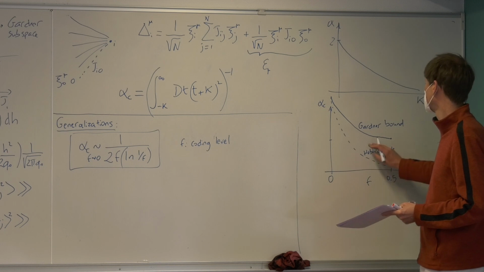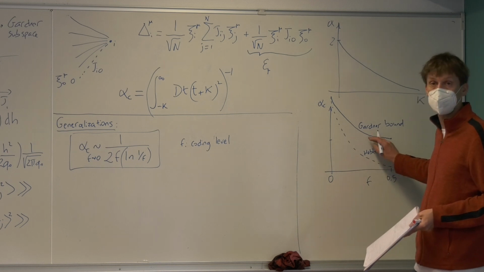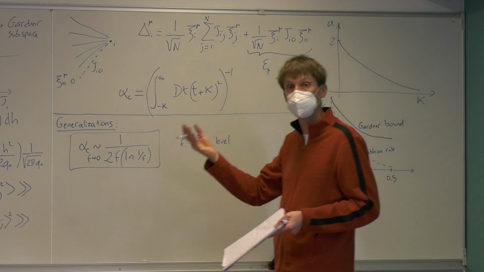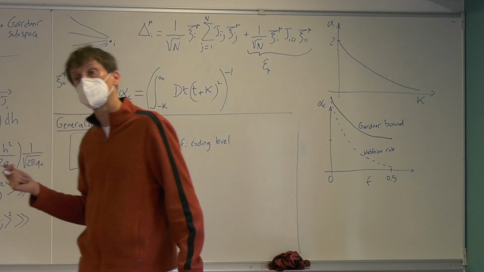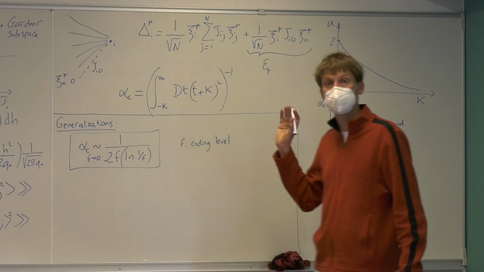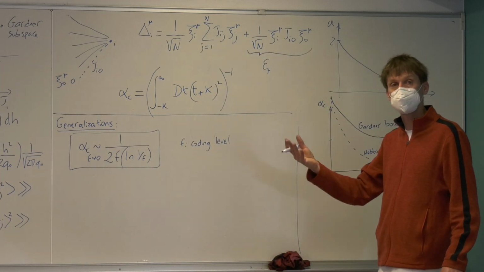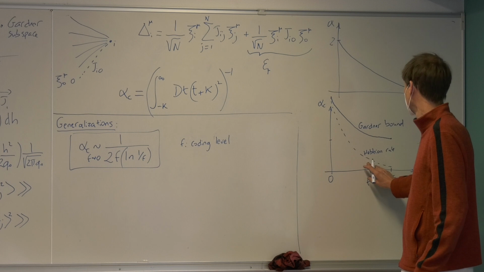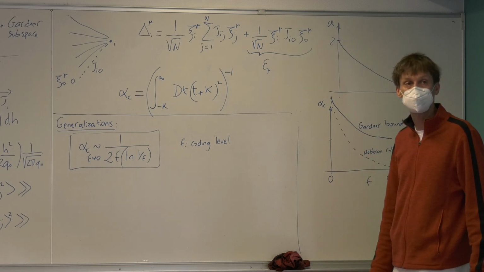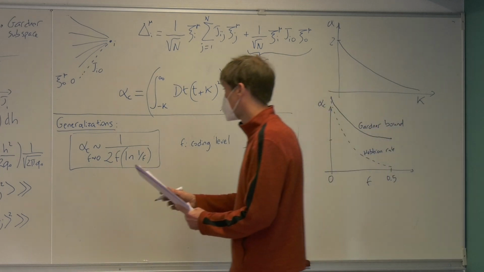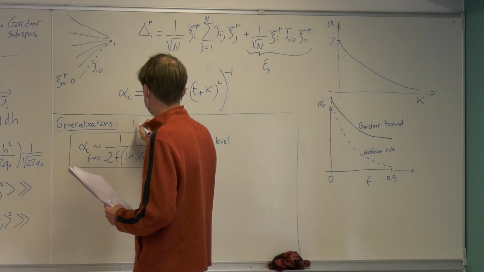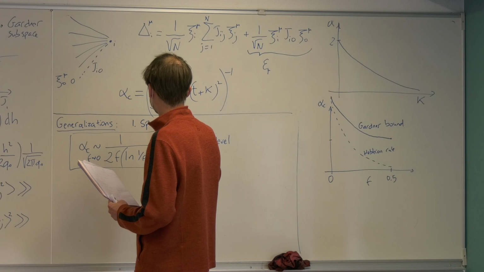And basically to achieve the Gardner bound, what you have to do is to introduce supervision, which is this perceptron learning rule that I mentioned briefly earlier. And using an additional supervisory signal, then you can bridge this gap between the two. Okay, so that's the first generalization. So that was sparse coding.